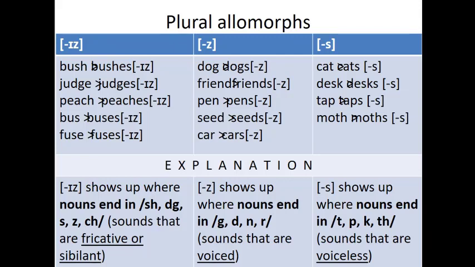I think this would really help in explaining the phonological differences in the plural morpheme s. So that's how you do it: voiced, voiceless, fricatives. What about the other allomorphs besides the plural? We have other allomorphs. Let's get to other examples of allomorphs besides the plural.